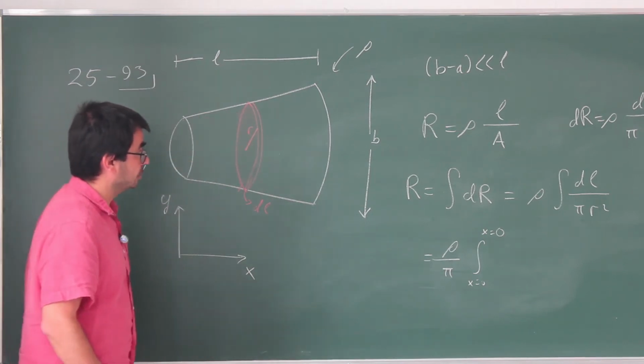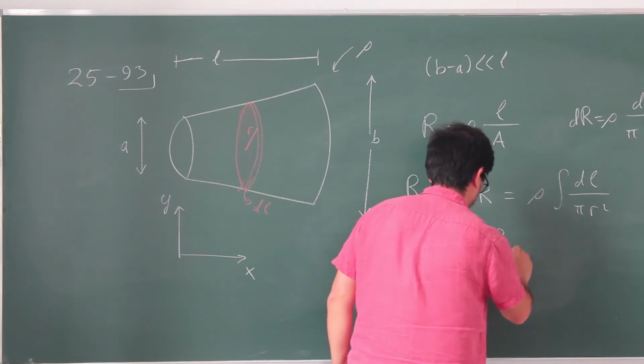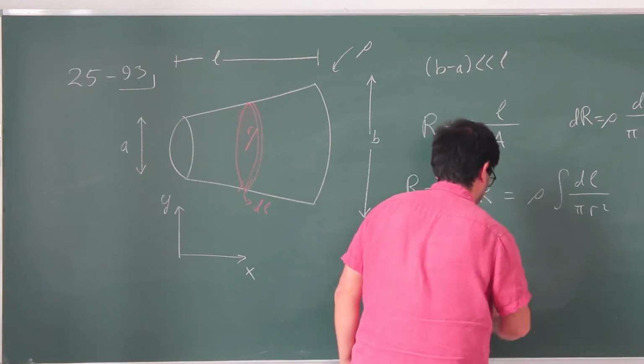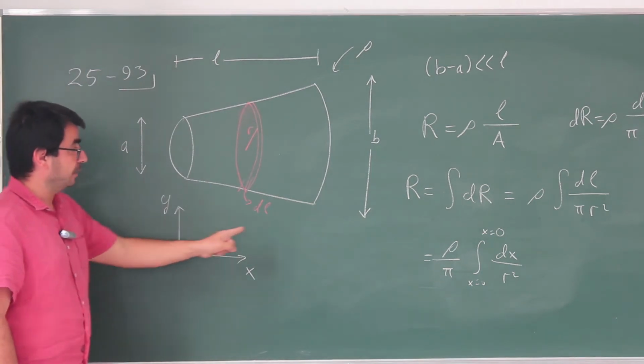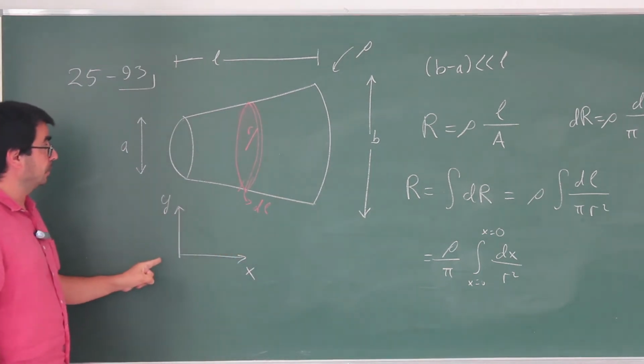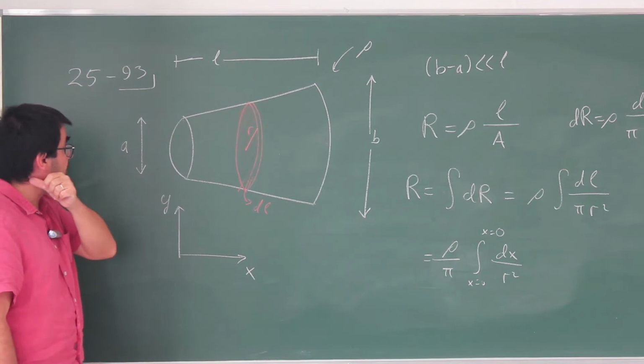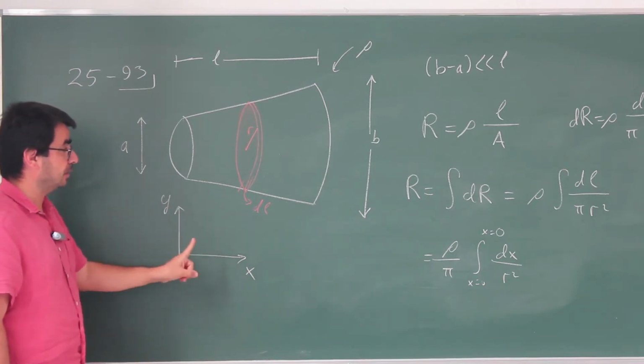So dx divided by r squared. Now this r does depend on where we are. The radius is going to depend on the coordinate x, so I can't take it out of the integral.